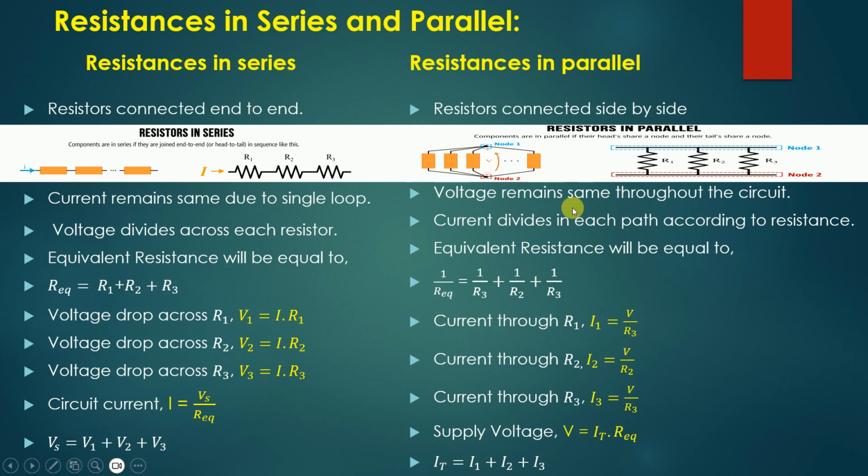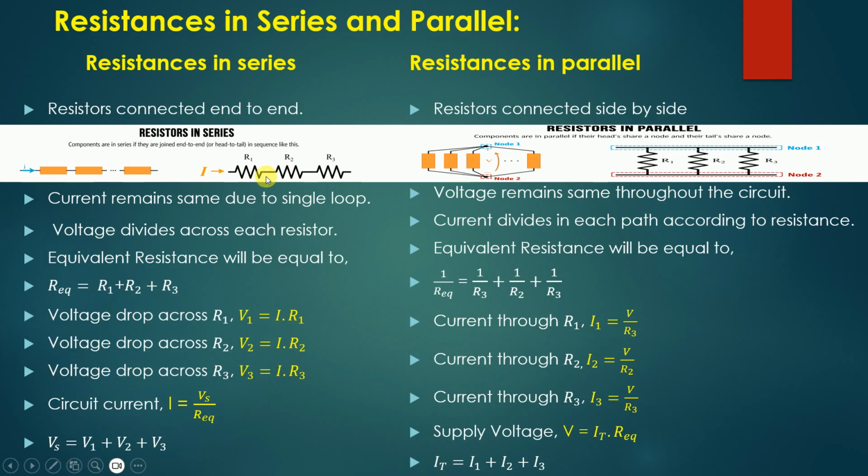Third point is voltage in a series circuit. If we connect resistors in series, then the voltage will divide across each resistor. Similarly, in a parallel circuit the current divides in each path according to the resistances.